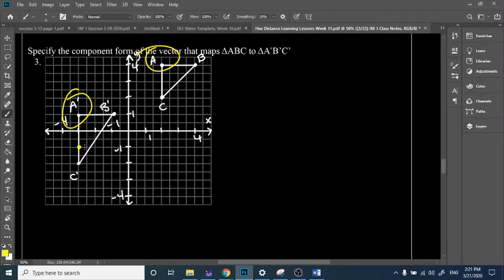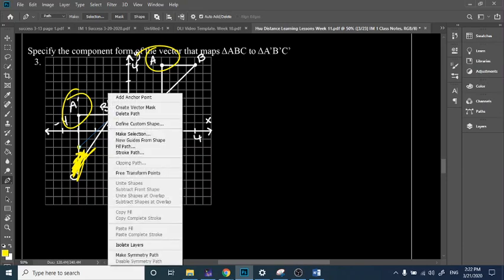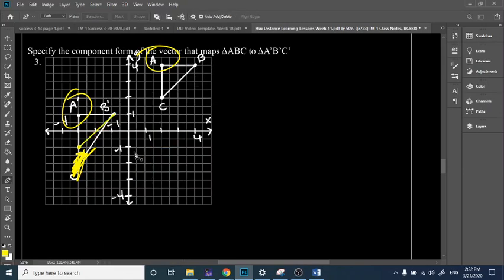This is supposed to be C. So, ignore that. Yeah, that is C prime. I mean, honestly, we don't really need it there. All we really need now is the points for A or B.